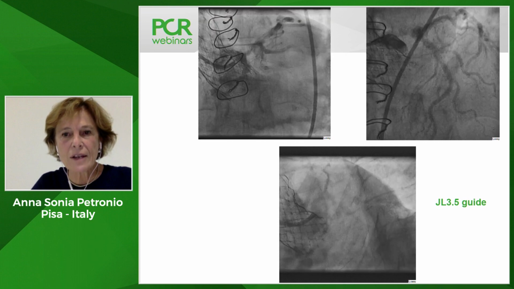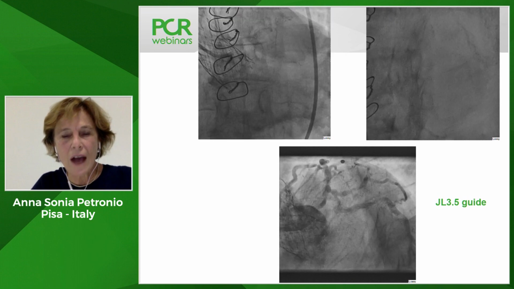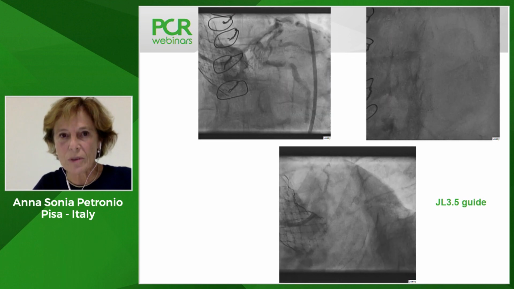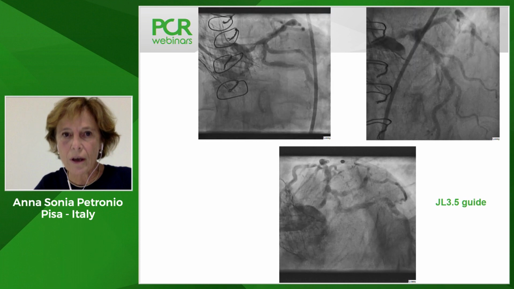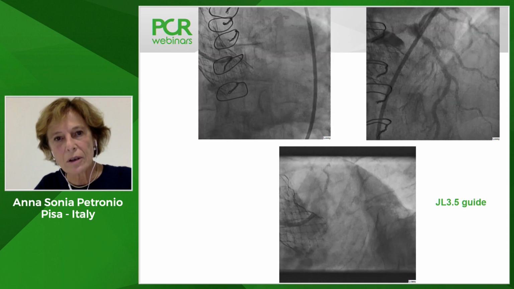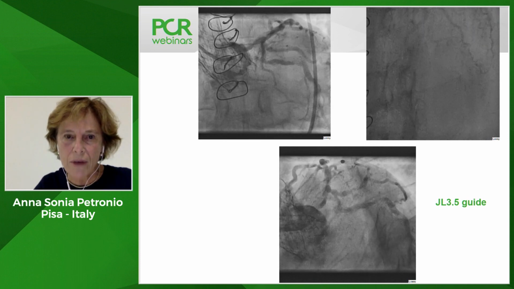There is something else. I know the guiding catheter is important, and probably there is even a change of measurement depending on whether you are talking about a supra-annular valve in respect to an annular valve.